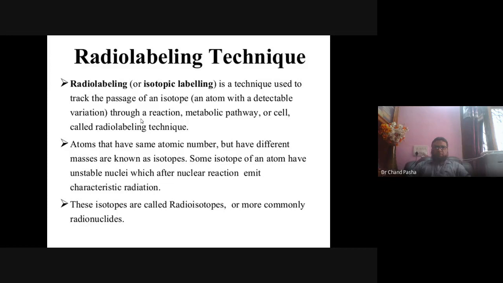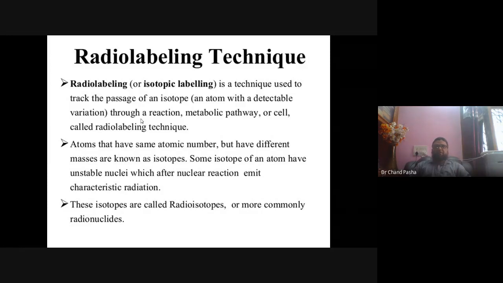What are isotopes? First, what is an isotope? The ones which have the same atomic number but differ in their atomic weight are called isotopes. And if they have the capacity of radioactivity, the capacity of emitting radio waves, alpha, beta, gamma rays, they are called radioisotopes. Like carbon dating, we can do by using this.